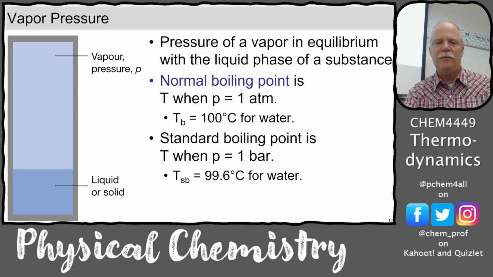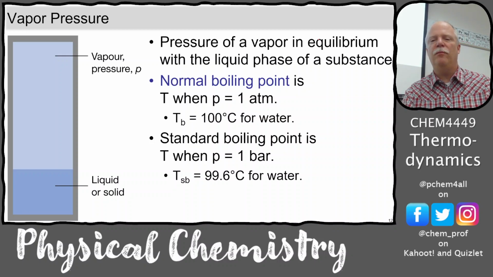Now, these are some terms. I wish we could just rip the word bar out of science by the roots, because it just confuses things. If we just stick with atmospheres, we have normal boiling points, standard temperature and pressure and all that. And so normal boiling point is 1 atmosphere.